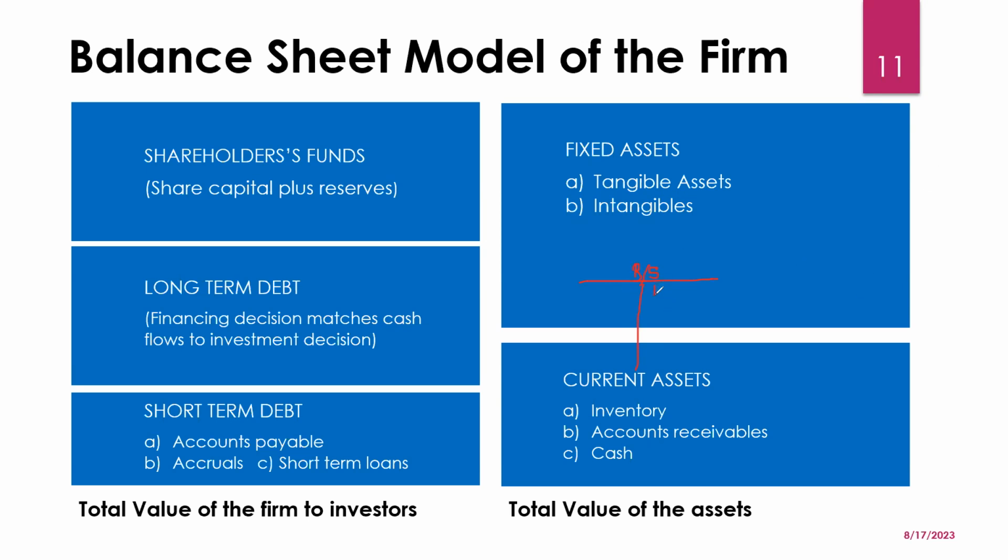And here we have assets. We have fixed assets, and then we have the current assets. In a balance sheet, every time, on one side we have assets, and on the other side we have shareholders' funds, that is equity. And then we have long term debt.